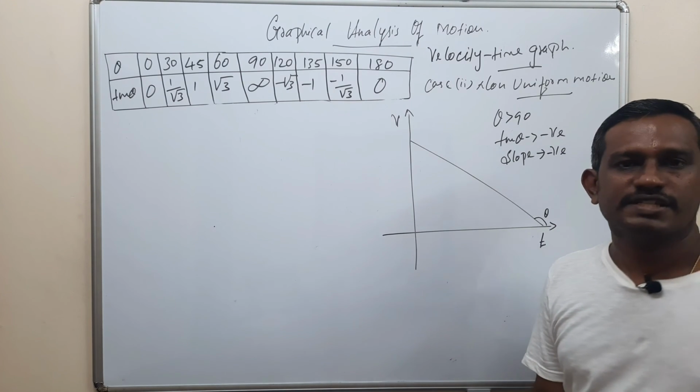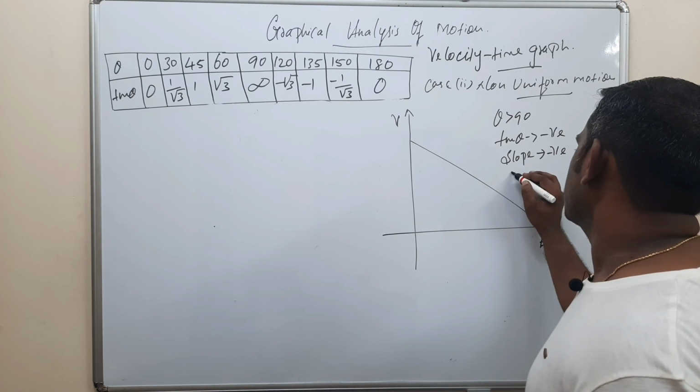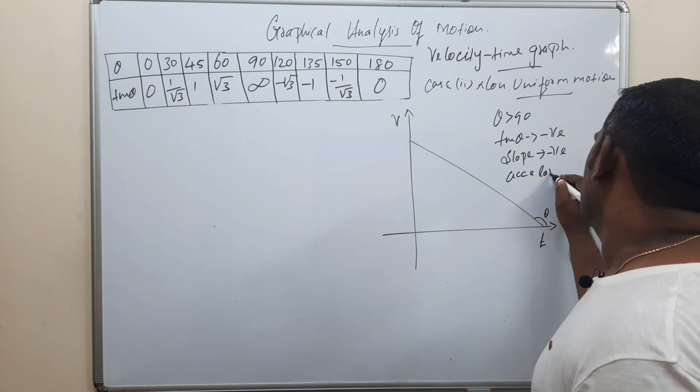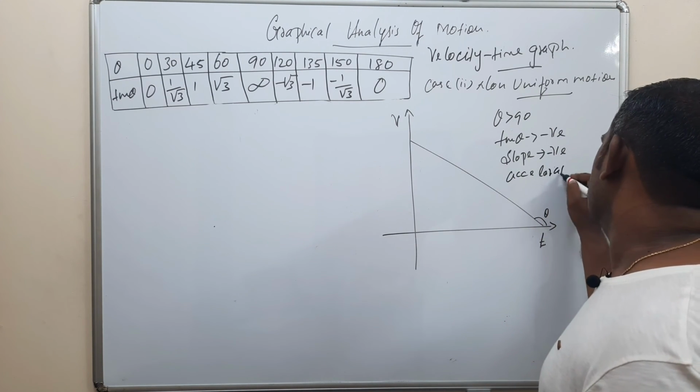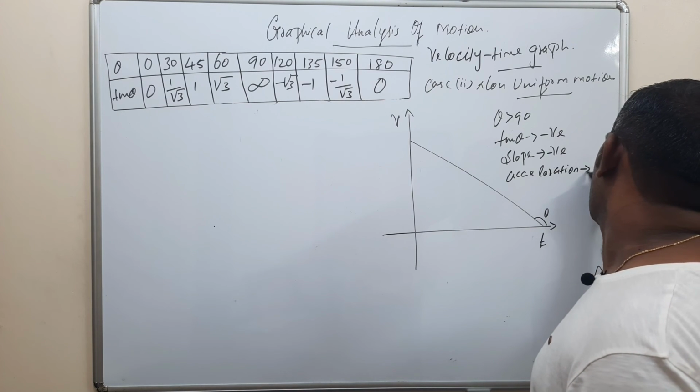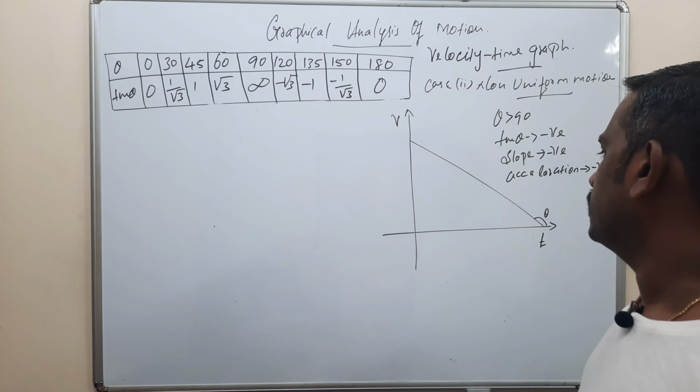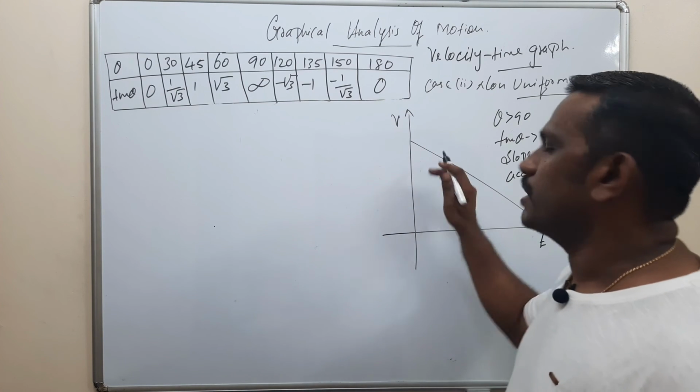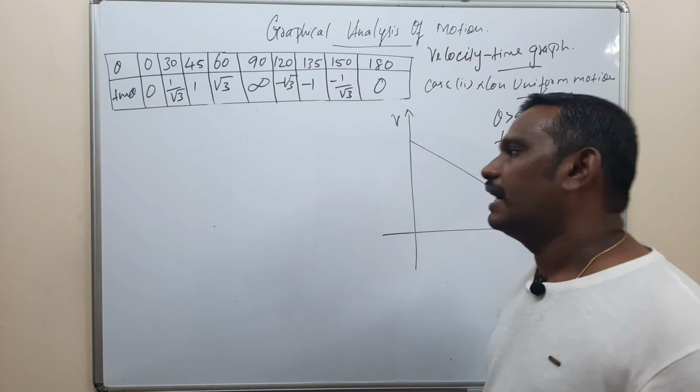The slope of the velocity time graph gives the acceleration, so acceleration is negative. Acceleration negative means it is retardation.